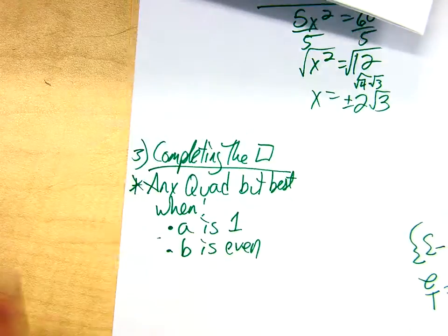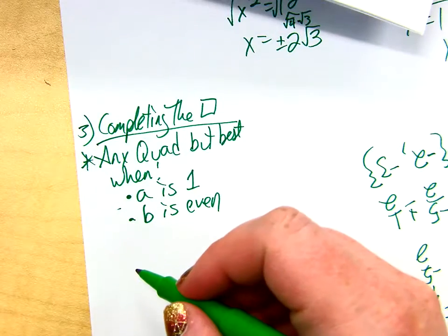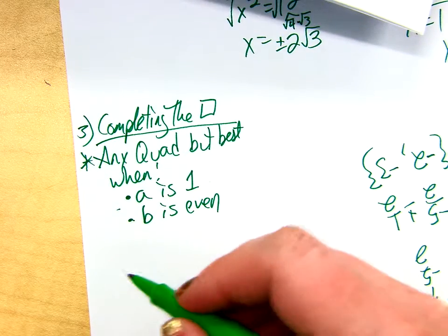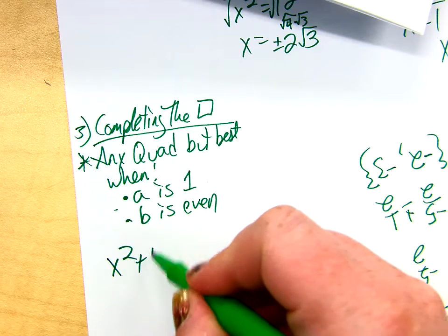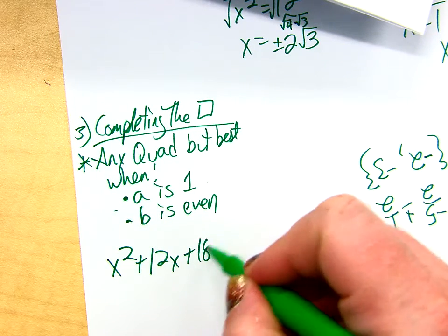Okay, so let's do an example of this one. Let's just say you had x squared plus 12x plus 18.